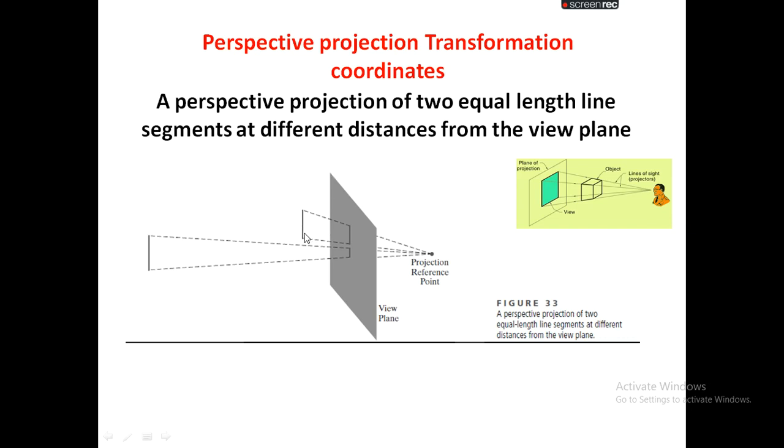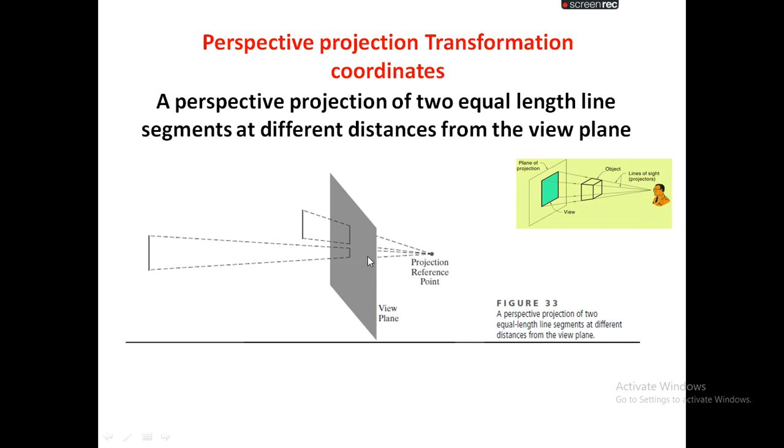Assume the distance between the first line segment and the view plane is 1 meter. Next, assume the distance between the second line segment and the view plane is 50 meters. I will repeat: the distance between the first line segment and the view plane is 1 meter, or 1 kilometer, and the distance between the second line segment and the view plane is assumed to be 50 kilometers.